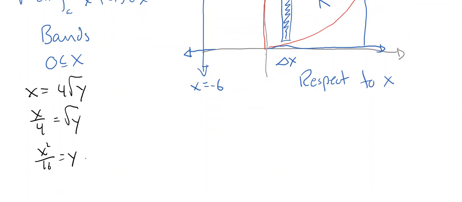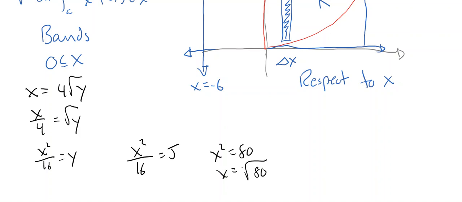So if I set this equal to y equals 5, let's see, that's going to be x squared is equal to 80, or x is going to be equal to the square root of 80, plus or minus, but we can disregard the negative. And so x is going to be equal to 4 times 20, or 16 times 5, or 4 radical 5.